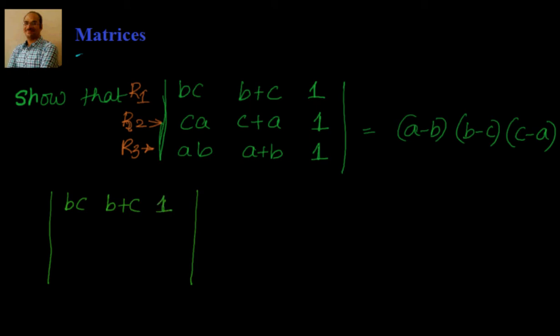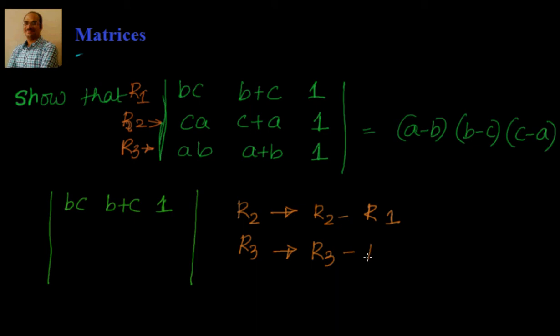On the remaining, I will assign row 2 as row 2 minus row 1. What's the meaning of that? Each element of the first row is subtracted from each element of the second row. I can do that, and it will not change the value of the determinant. That's a property of determinants.